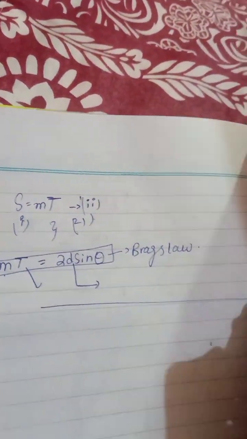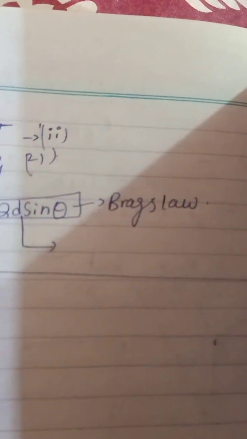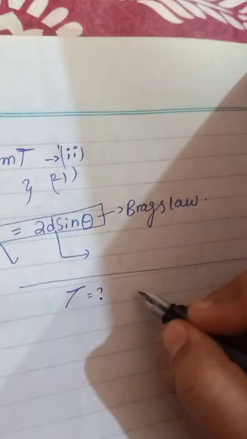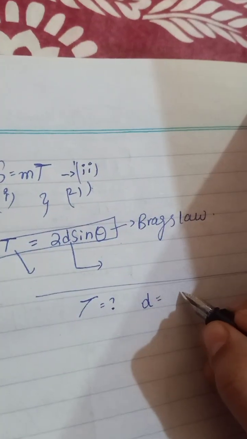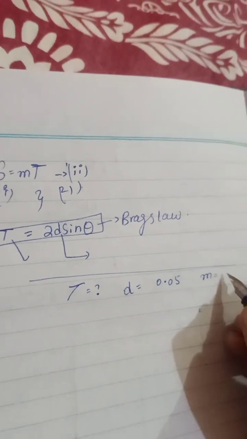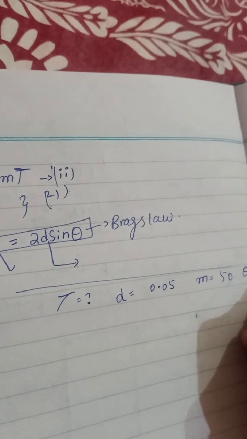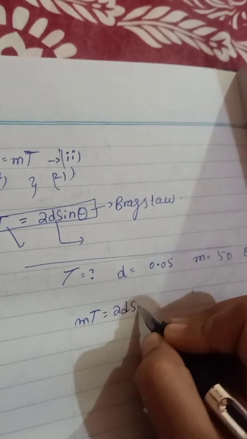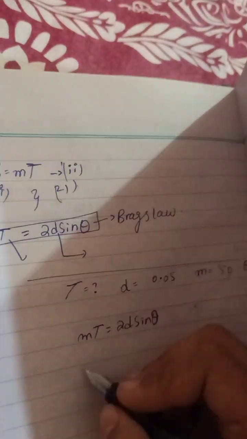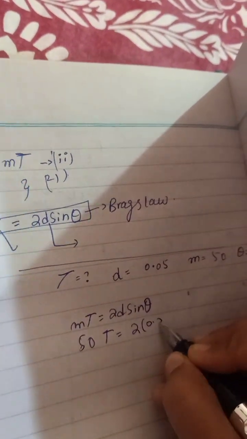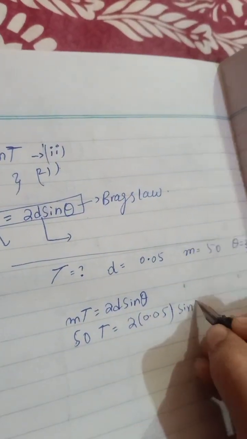For example, I'm giving a question where we have to find the wavelength lambda of the X-ray. D is 0.05, I'm taking the order of fringes m as 50, and the angle as 3. So we can write this formula and easily find the wavelength. 50 lambda is equal to 0.05 sine 3.